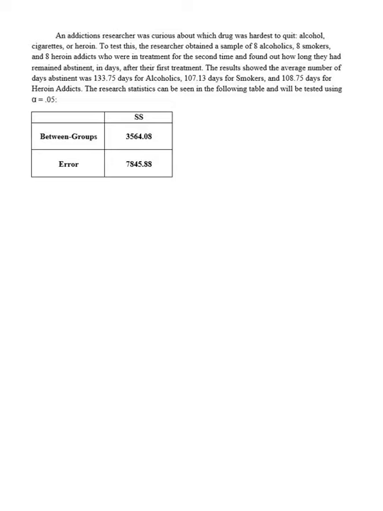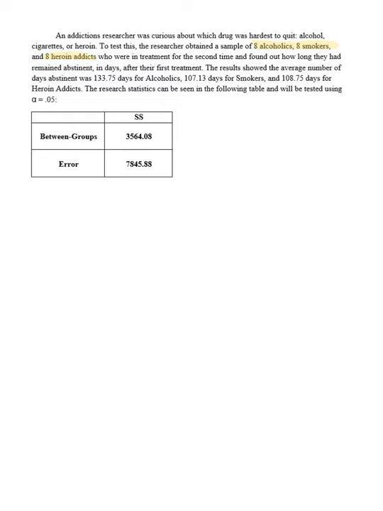When you read these research scenarios, you need to carefully go through and pull out information that is important. For example, if you notice, it's talking about drug addiction, and they have a sample of 8 alcoholics, 8 smokers, and 8 heroin addicts. Now I know some of you might not think that smoking is a drug addiction, but it actually is.